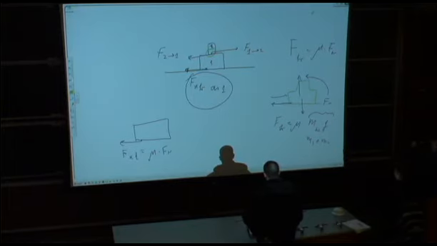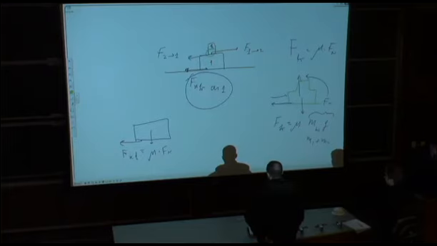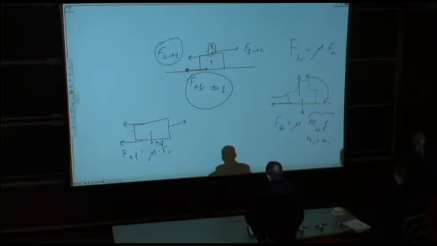Now, for this box, what do we have? Gravity, M1 g, and the applied force, well, it's the string. This force doesn't disappear.